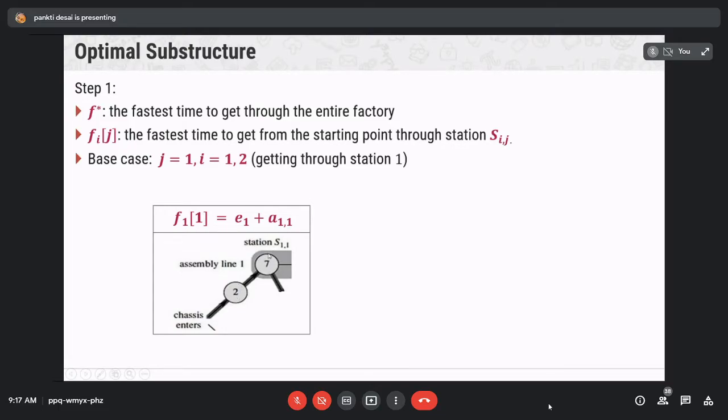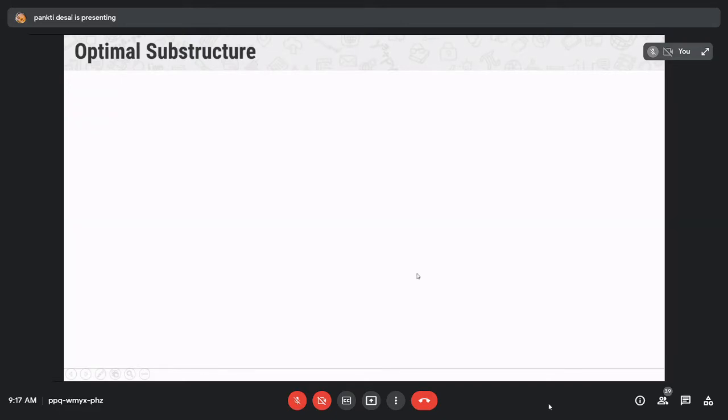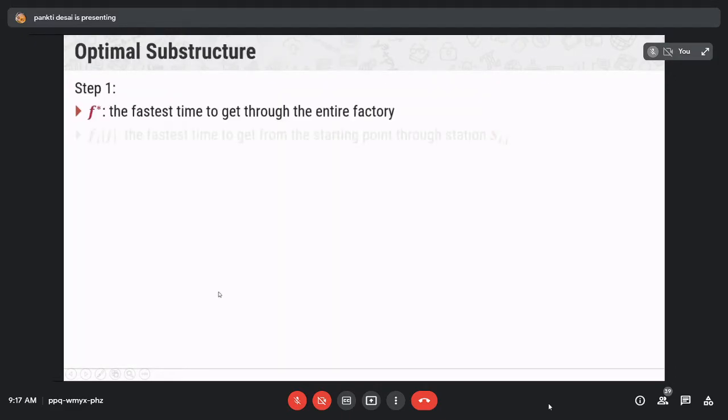From here, how much time will it take to reach station 11? E1 plus A11. The same way for the second assembly line, the time required to reach station 21 is E2 plus A21.